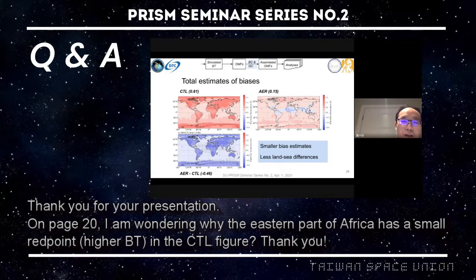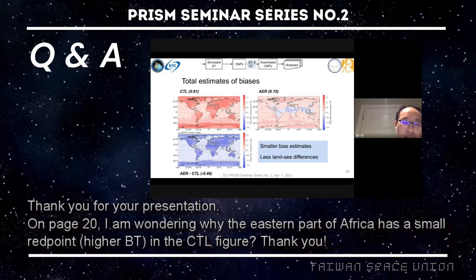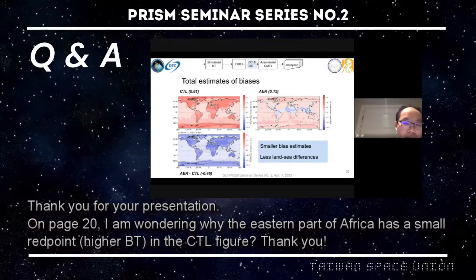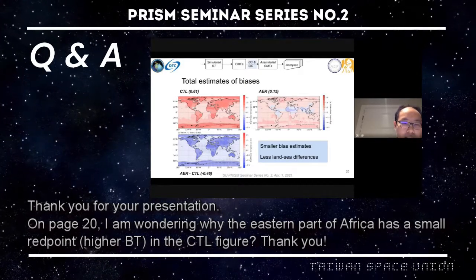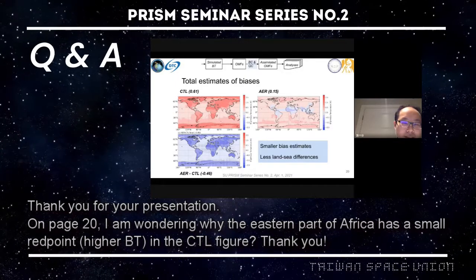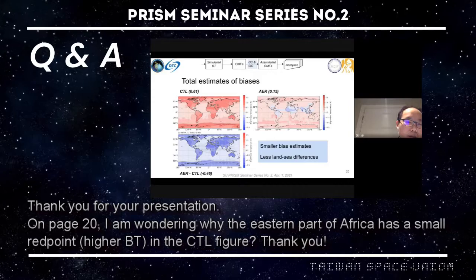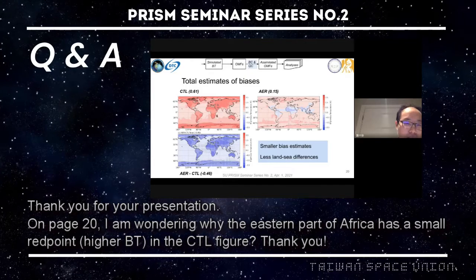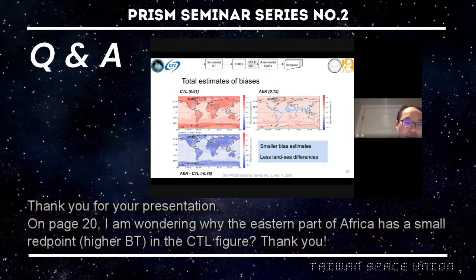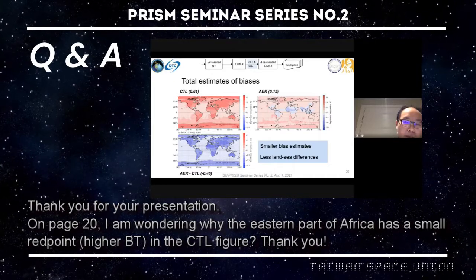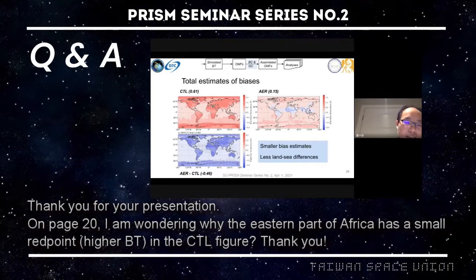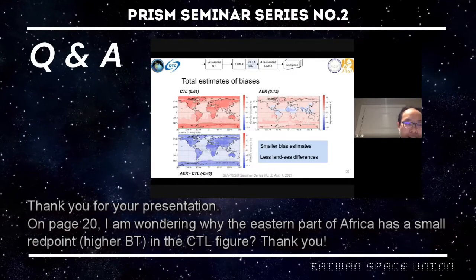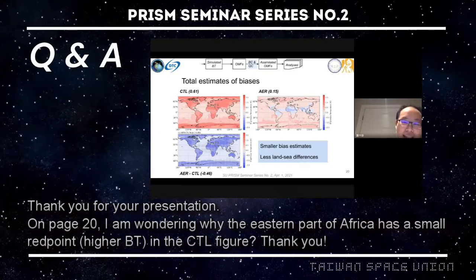GSI uses this predictor to estimate how much of the bias is attributed to the uncertainty in surface emissivity over land. So higher biases over Eastern Africa or any area probably mean a larger uncertainty over that region. That's from the GSI side, and that's the answer I can give you.